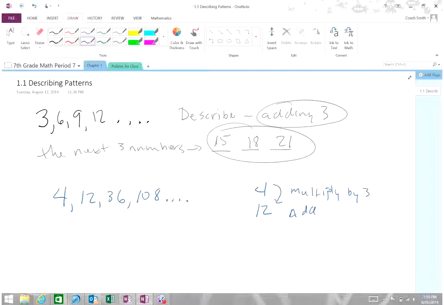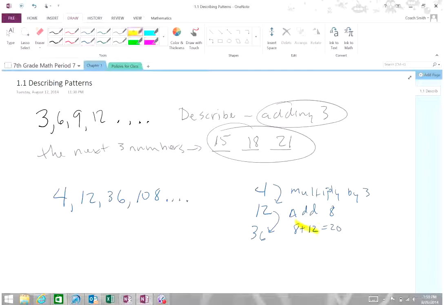Now, what we have to do is decide which one of those patterns we did. To do that, we're going to go from 12 to 36. Okay? So if I add 8 to 12, what do you get? 20. So 8 plus 12 would equal 20.